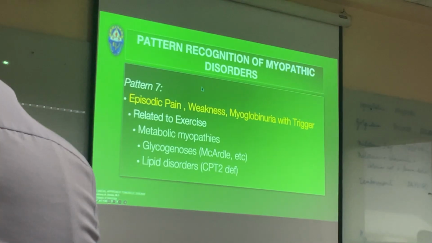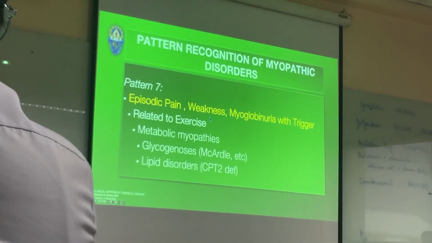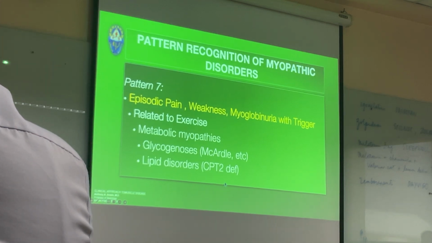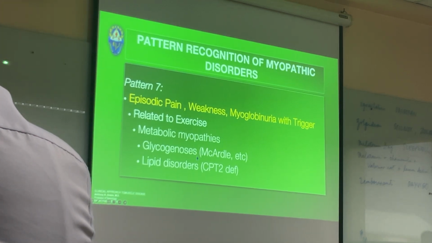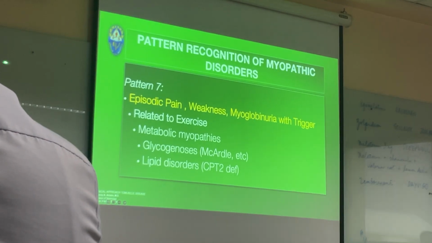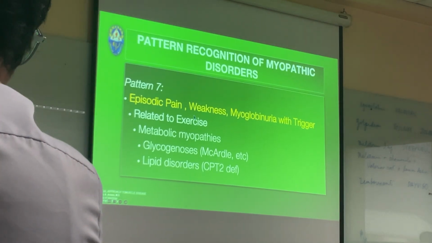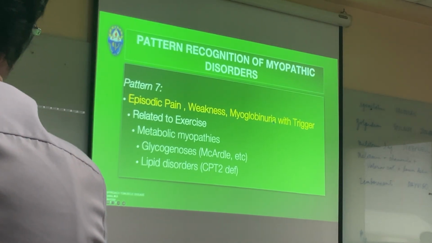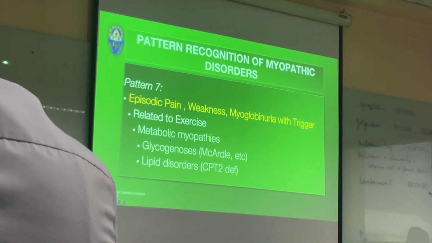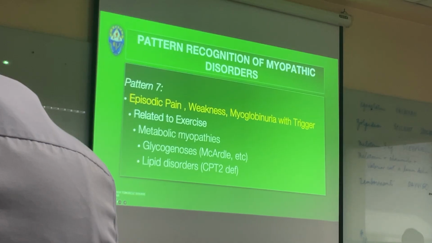Okay. Pattern 7. Episodic pain, weakness, myoglobinuria with trigger. It's common to most metabolic myopathies: glycogenosis and lipid disorders. Clear? So, episodic pain, weakness, and myoglobinuria associated with exercise are usually due to inherited metabolic diseases.